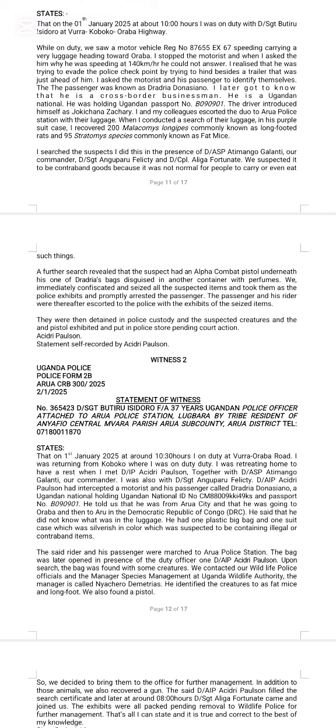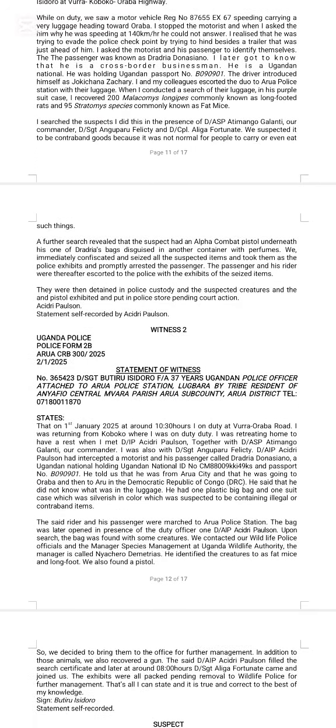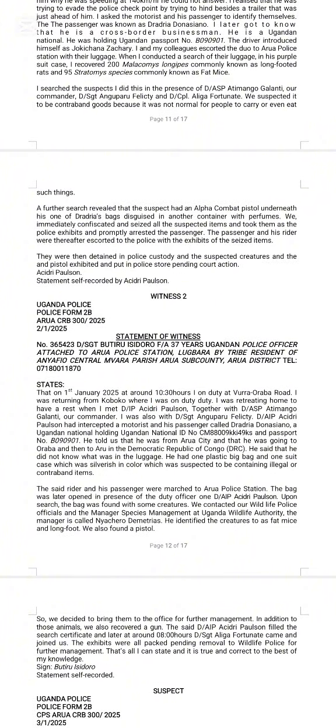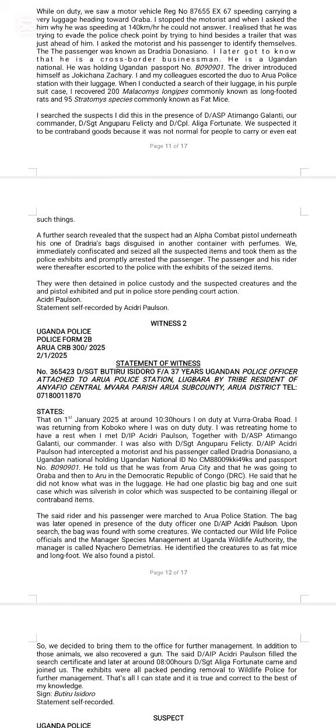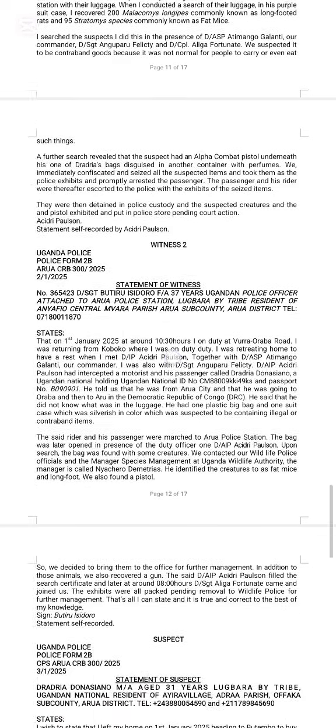When I conducted a search of the luggage, in his purple suitcase I recovered 200 Morocco maize, commonly known as the wrong-footed rat. I searched the suspects. I did this in the presence of Atimango. So they had species wrong fat mice.